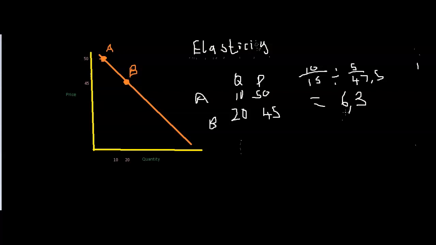Same with companies that provide things you need, like Eskom, for example. If they change the price of electricity, elasticity won't really change, because you're still going to buy it regardless of the price. You still need electricity. So for those things, elasticity will be less than 1. It won't have such an effect when you change the price of a product, because you need the product anyway.